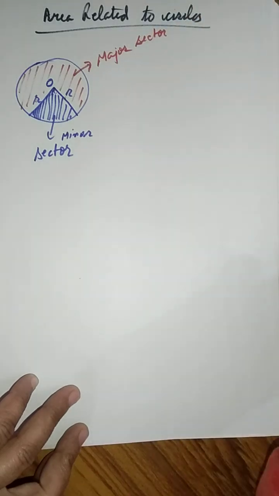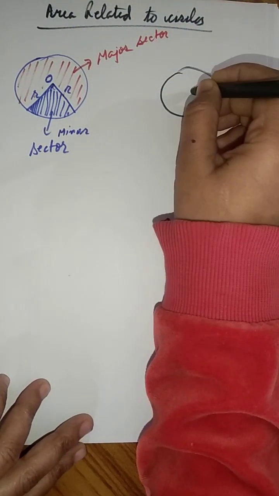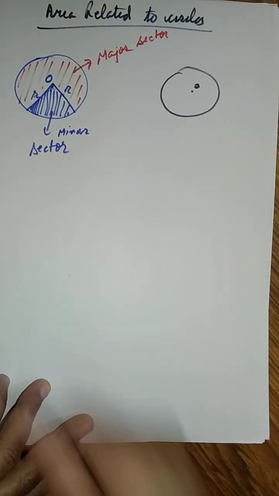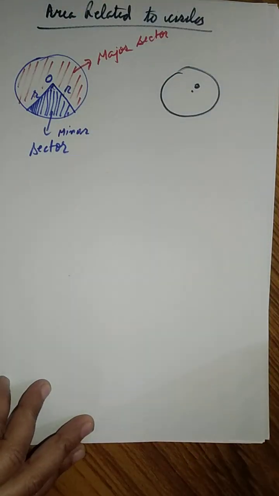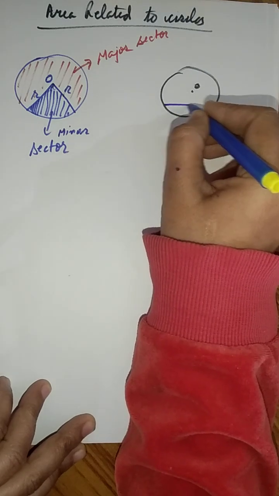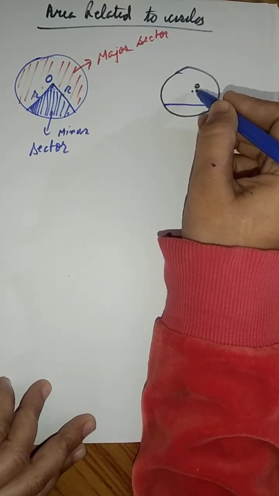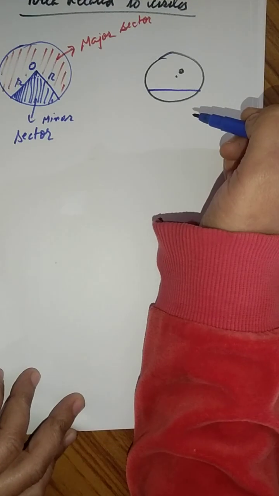Now let us suppose there is another circle with center O, and we have to draw a chord. A chord is a line drawn inside the circle that must not pass through the center, because if it passes through the center then it becomes the diameter of the circle.